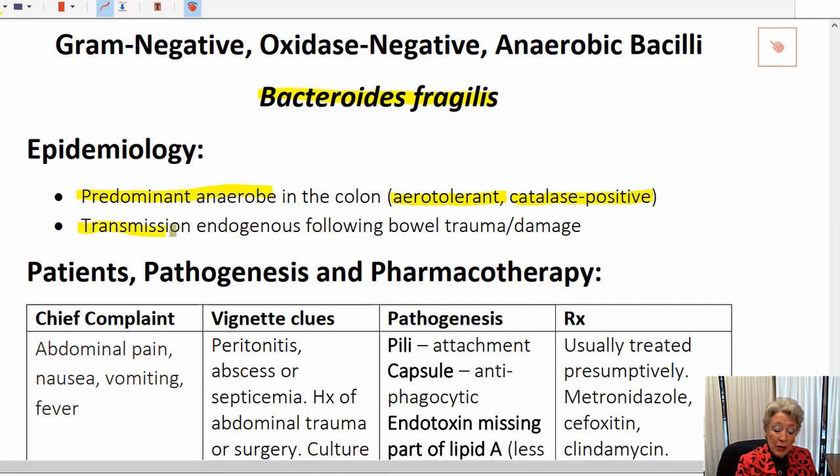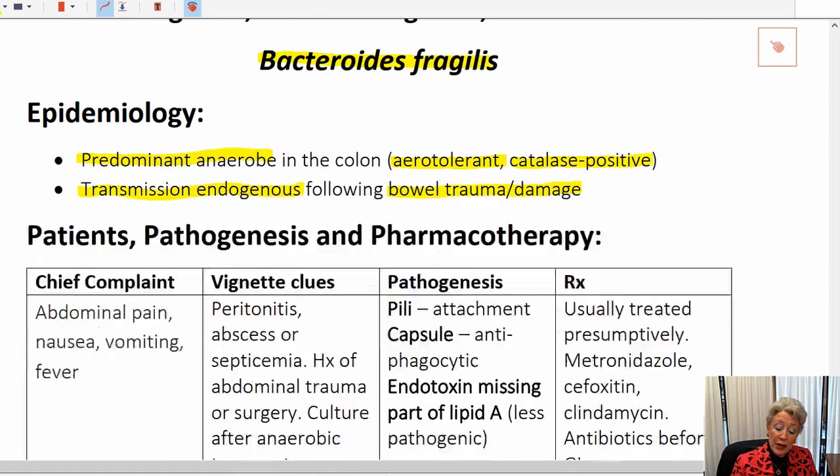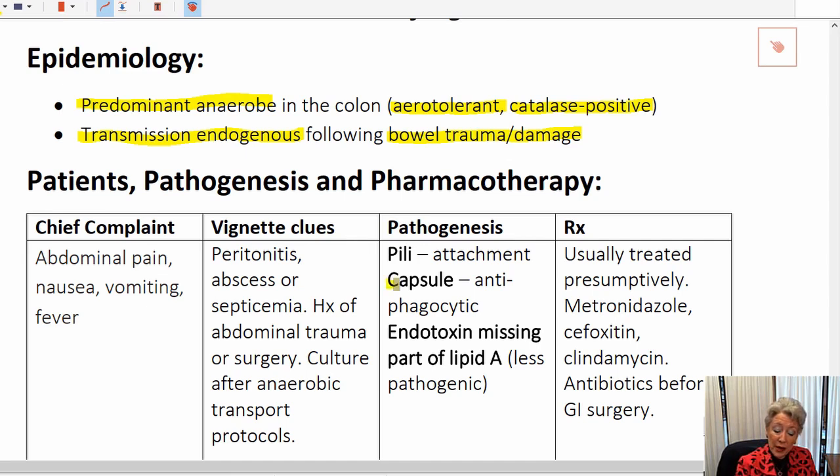You give it to yourself when there are problems, any sort of bowel trauma or surgery or damage, cytotoxic drugs, and because it has a very prominent capsule, what we typically see after one of those traumatic incidents is the fact that we develop abscesses that must be drained after the fact.